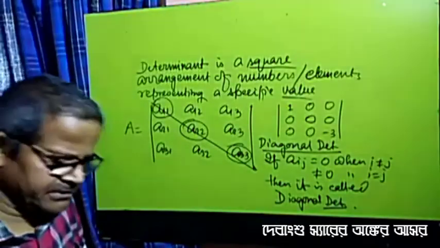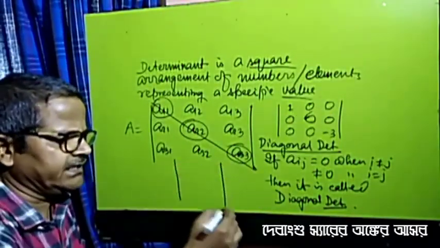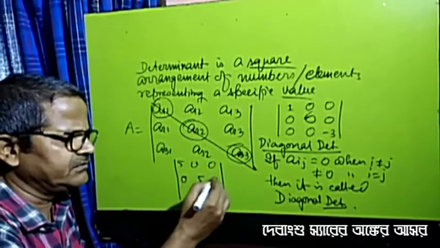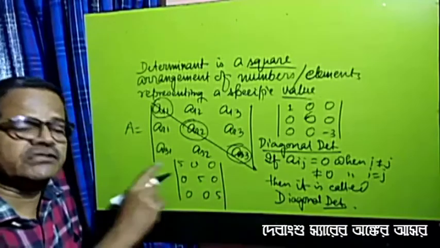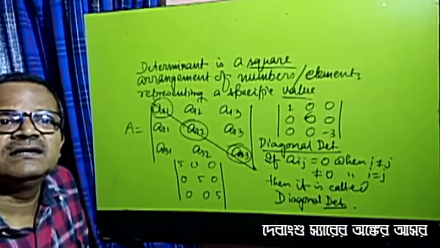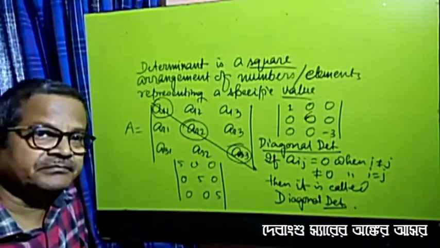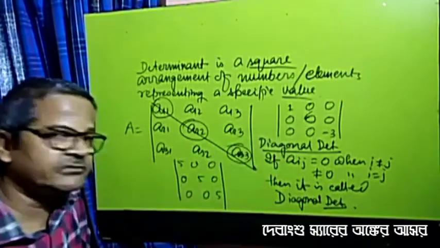Here is a special type of determinant. See, this is a diagonal determinant: 5, 0, 0, 0, 5, 0, 0, 0, 5. This is also a diagonal determinant, but what is the difference between these two?